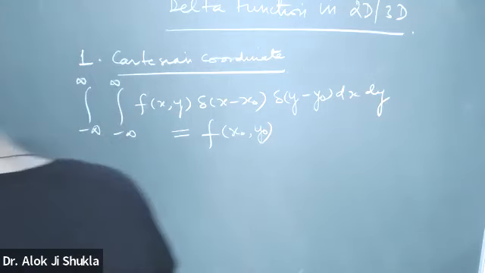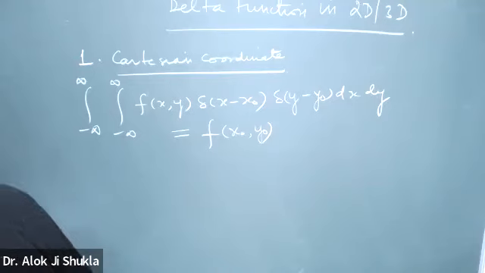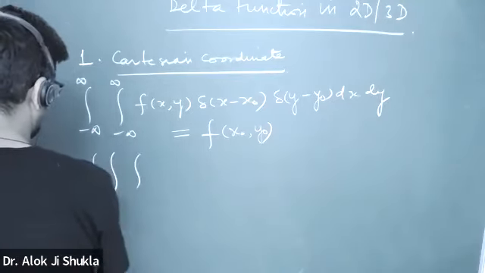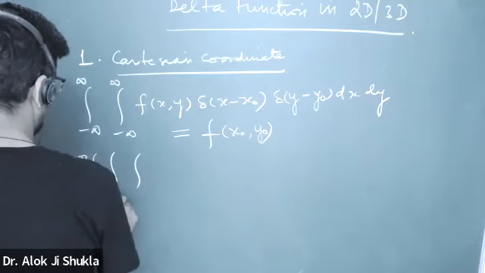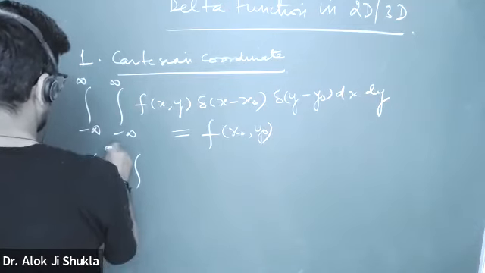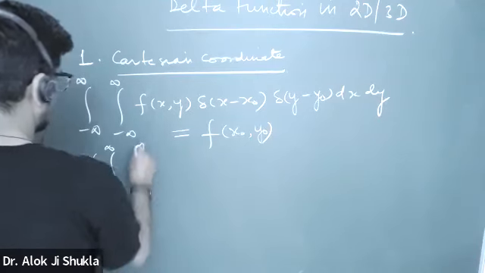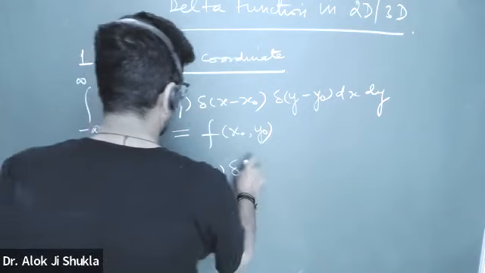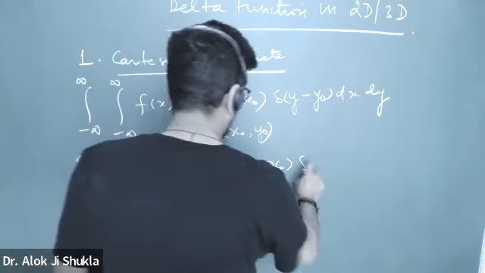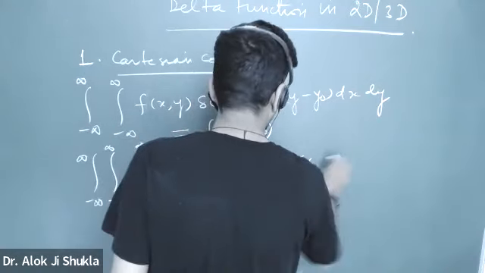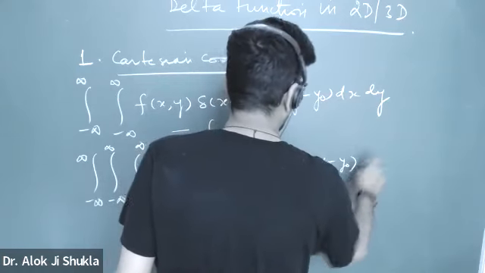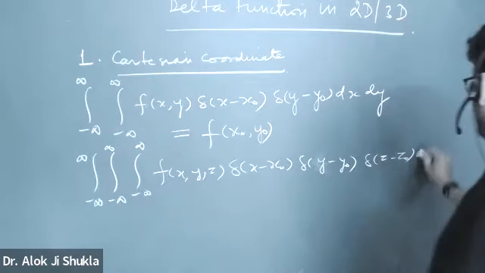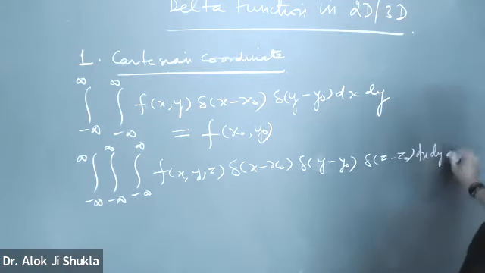Write it in 3D quickly yourself. So the triple integral from minus infinity to plus infinity of f(x, y, z) into delta function x minus x naught, delta function y minus y naught, and delta function z minus z naught, into dx dy dz.